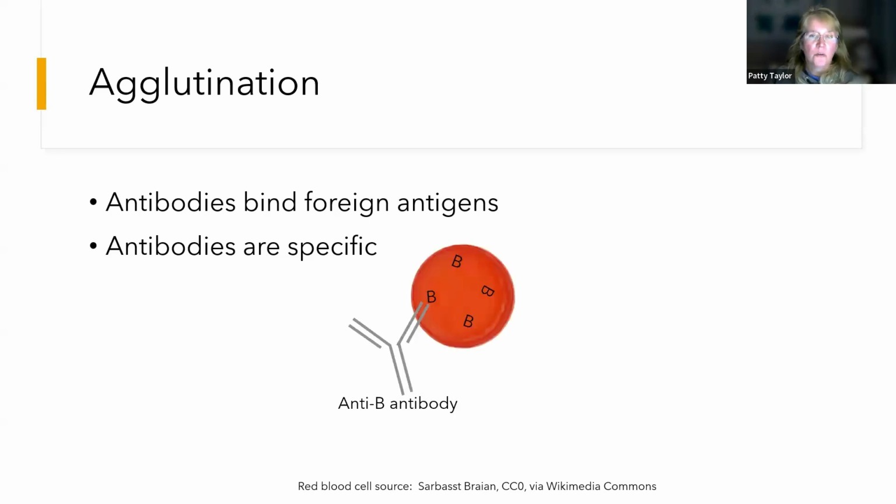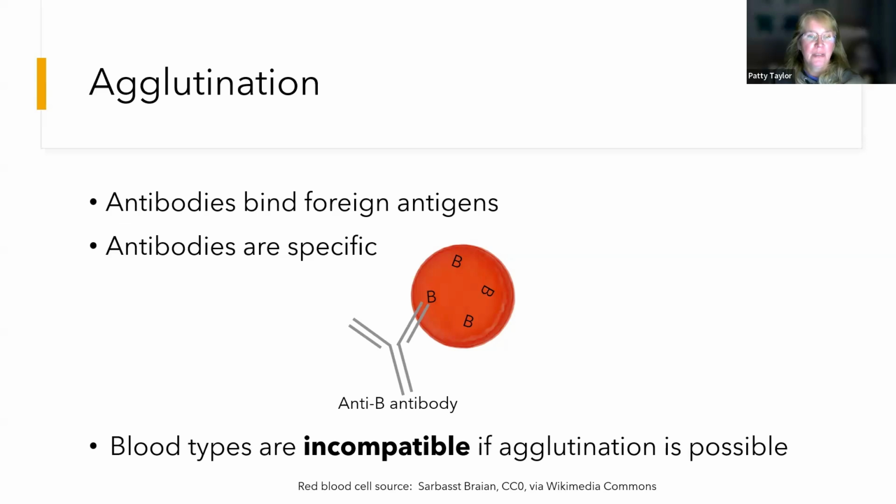Antibodies are specific, built to bind a particular antigen, just like in this case, we have an anti-B antibody built to bind a B antigen. If blood types would agglutinate one another, like if we give A to B, we would consider those to be incompatible blood types. So agglutination is the end result if you mix foreign blood types together that have incompatible antigens and antibodies.